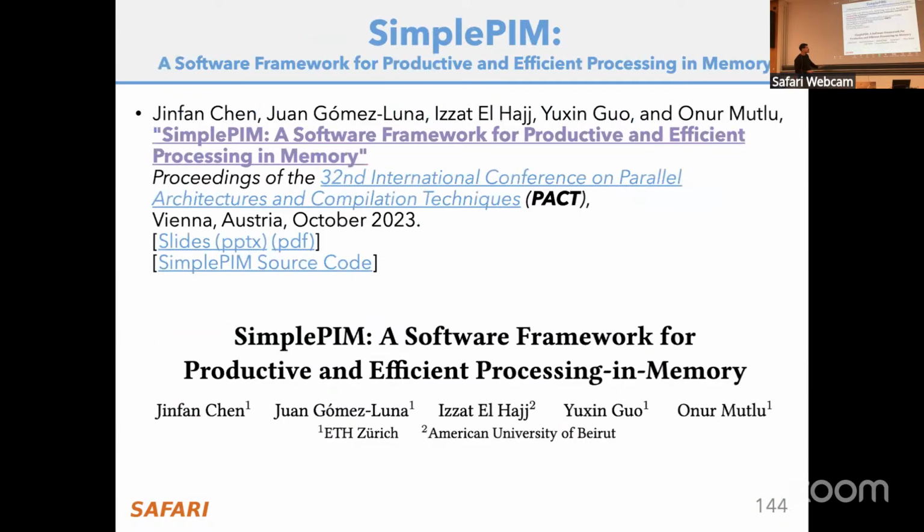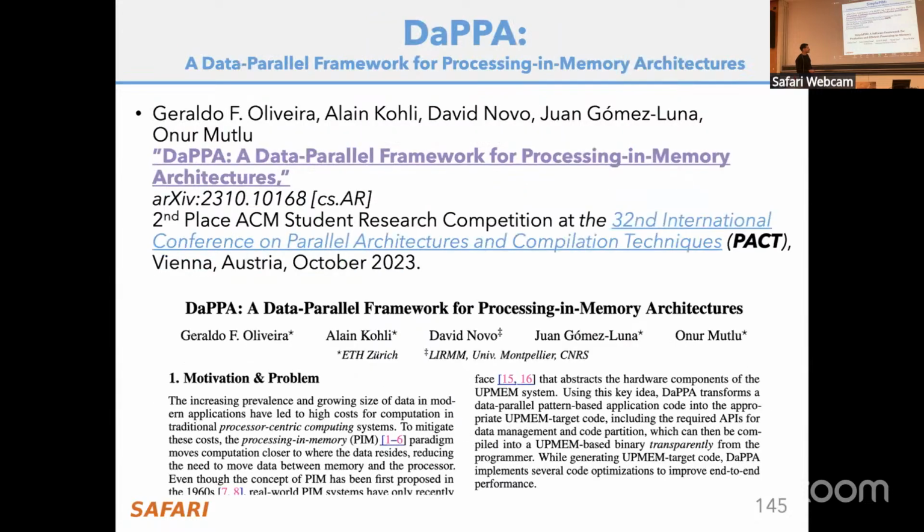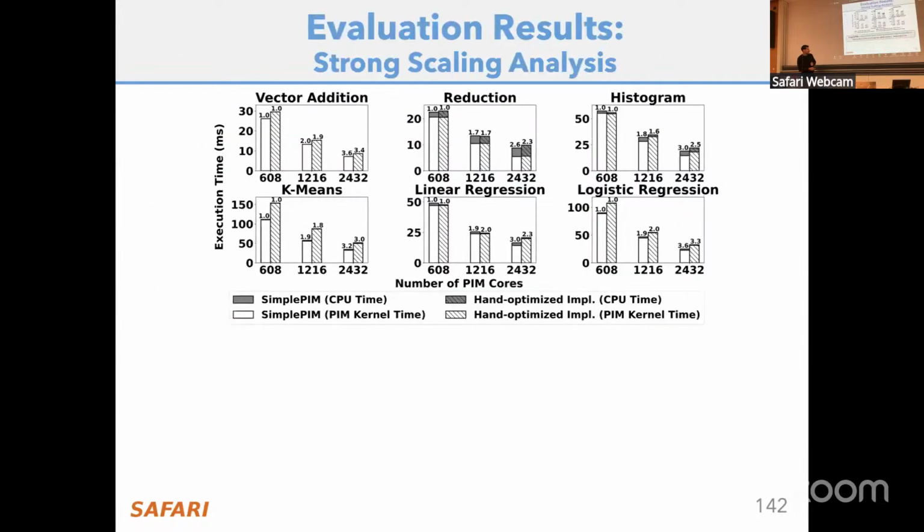So this is good that this is open source, but this is still quite limited because, as I mentioned in one of the APIs, the user still needs to identify how data is communicated across the different pins, pin cores.